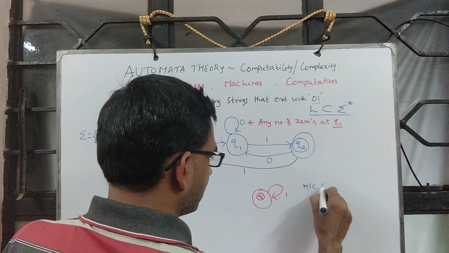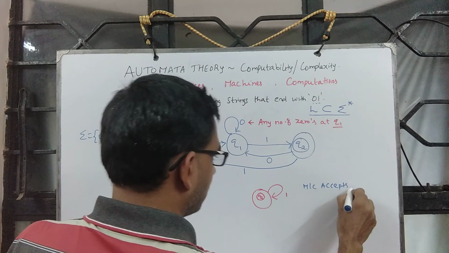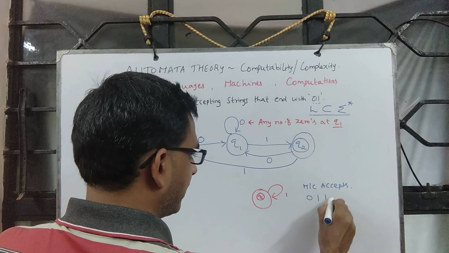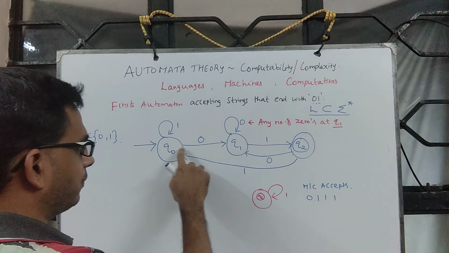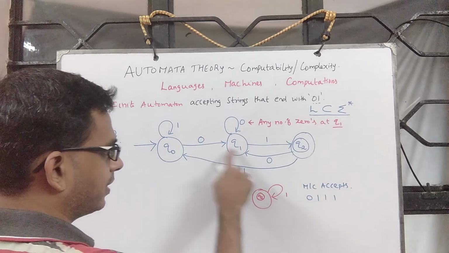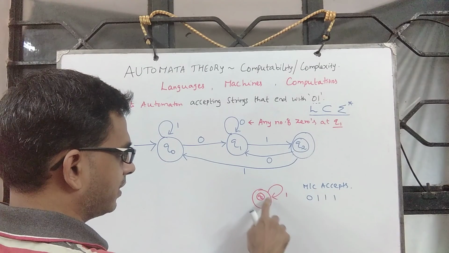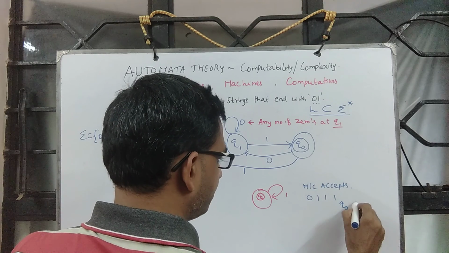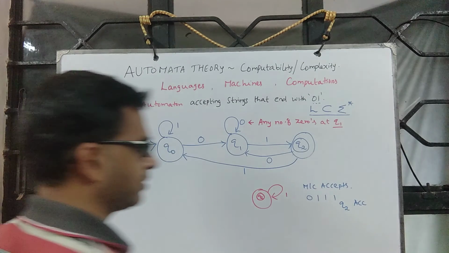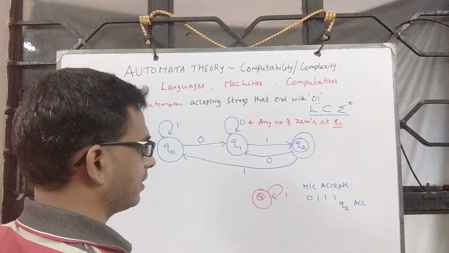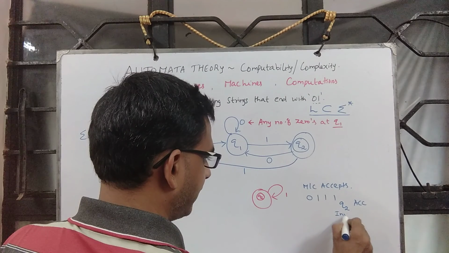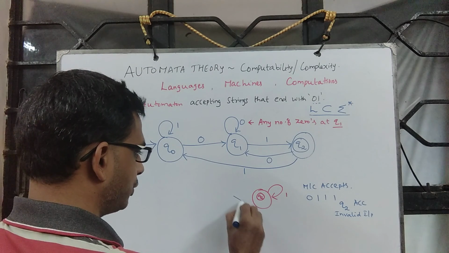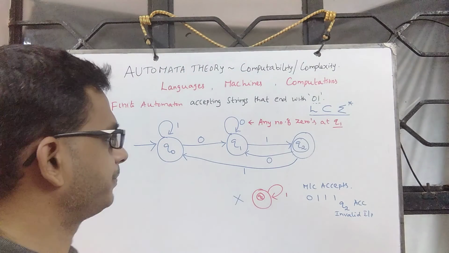Mission accepts input of this form 0, 1, 1, 1. So for the first 0 you come here, then for this one you come here, then for 2 ones you stay here, and so mission is at Q2. Mission says accept, but this is incorrect because it is invalid input. Mission says you accept, so which means one should not stay at Q2.